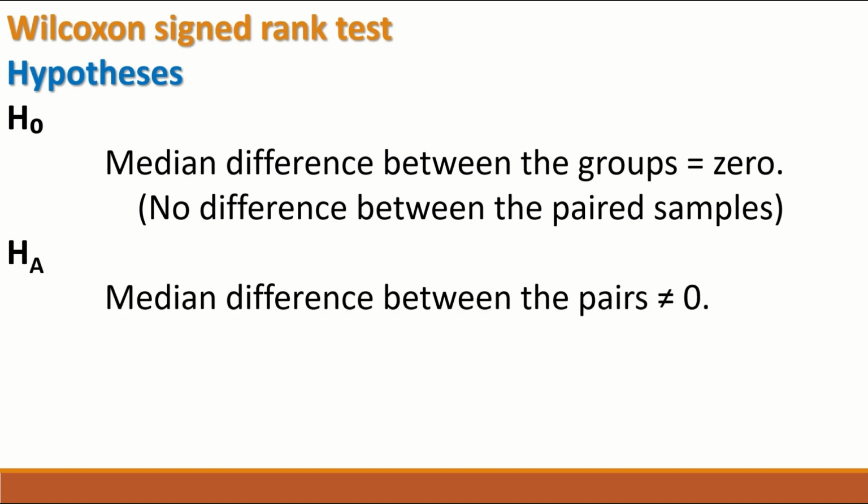The alternative hypothesis will state that the median difference between the pairs is not equal to 0. To determine whether there is a significant difference or not, the p-value will be calculated, and if it is less than 0.05, then the null hypothesis will be rejected.